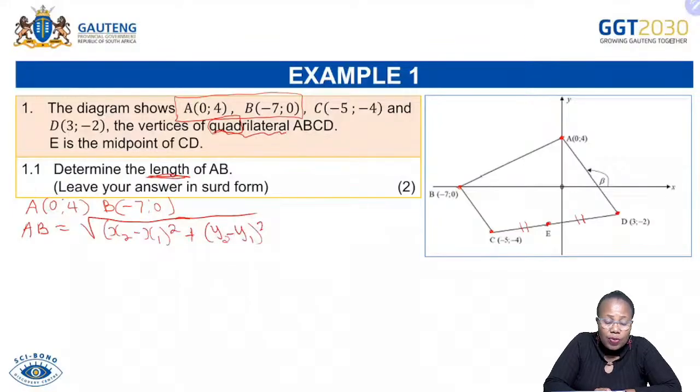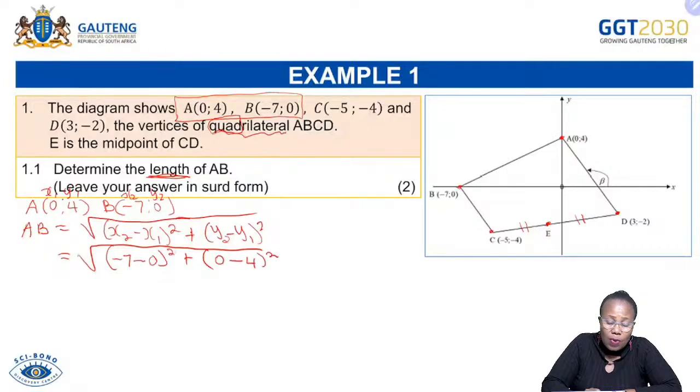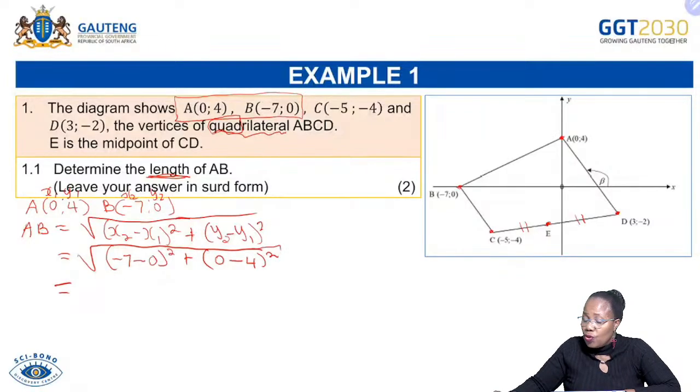And then now we need to substitute. That is your x1, your y1, your x2, your y2. Let's substitute, grade 12. Square root of what is x2? -7, minus x1, 0, therefore it's (-7 - 0) squared, plus y2, y2 is 0, minus y1, y1 is 4, and this is squared. When you are at this stage, grade 12, you can just put everything into your calculator straight to the answer. Remember, we are leaving our answer in surd form.